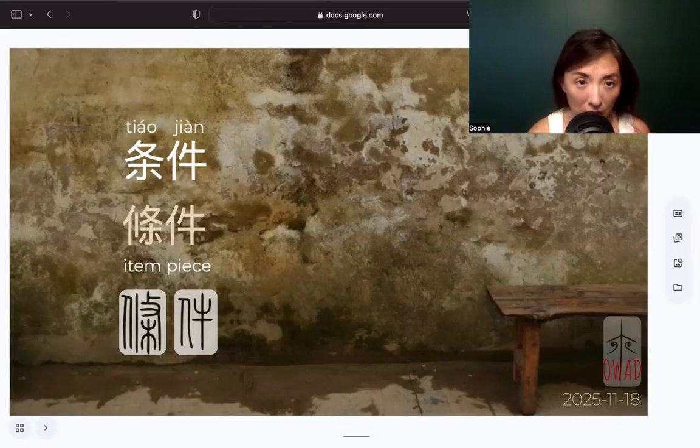So that's condition. To translate condition into existing East Asian vocabulary, two of these characters were picked. 条件. And you can see they share a common left part, which is human.